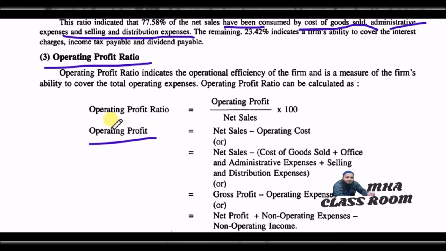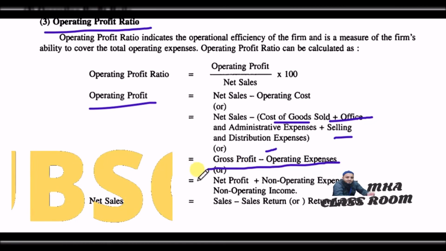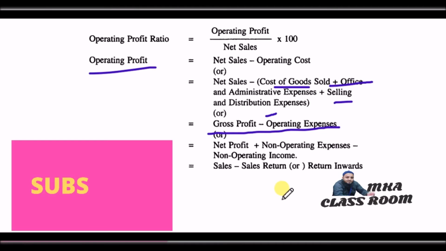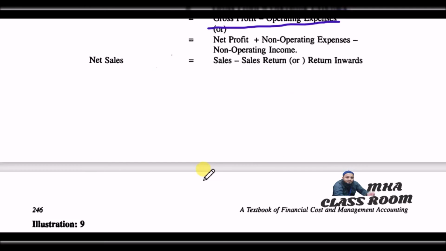At first we take sales minus sales return, then we get net sales, minus cost of goods sold, office and administrative expenses, selling and distribution expenses. Or you can say gross profit minus operating expenses equals operating profit. Net profit plus non-operating expenses or non-operating income. Net sales is sales minus sales return or sales inward.